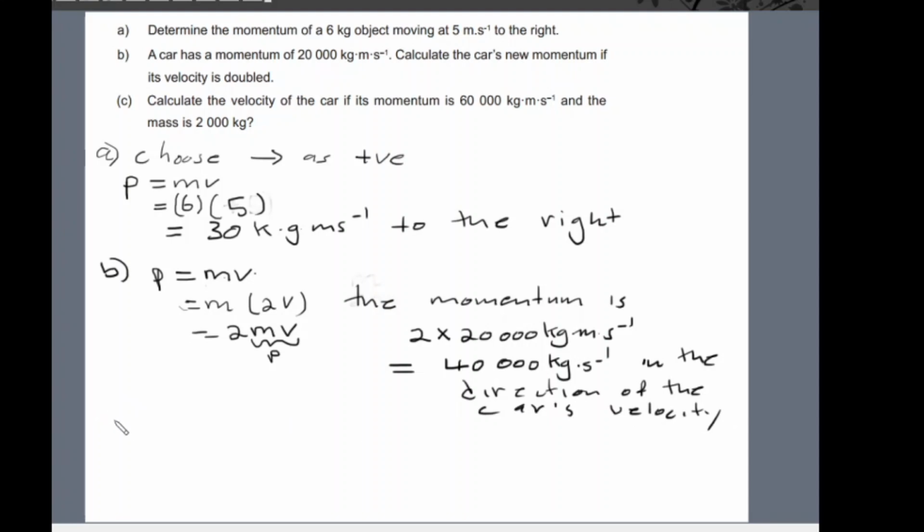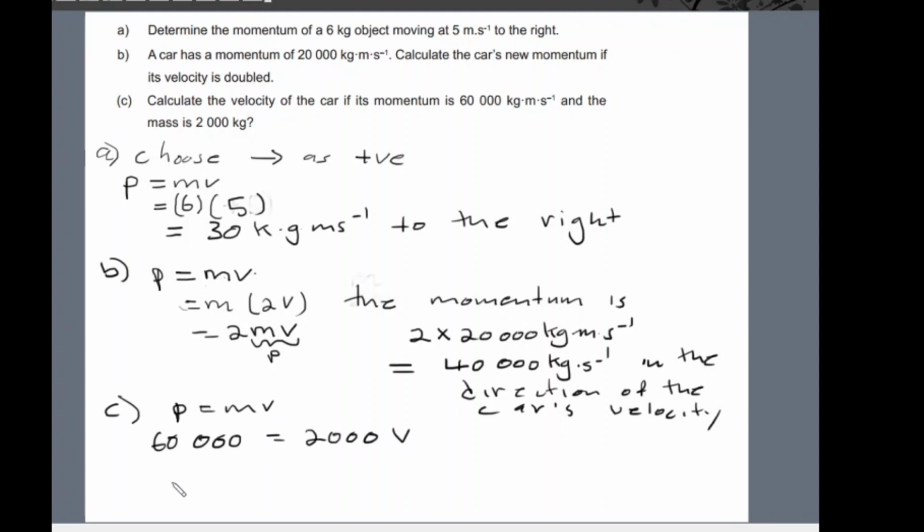And then question C, it says calculate the velocity of a car if its momentum is 60,000 kilograms meters per second and its mass is 2,000 kg. So again, the formula of momentum is p equals mv. We substitute that momentum is 60,000 and mass is 2,000.